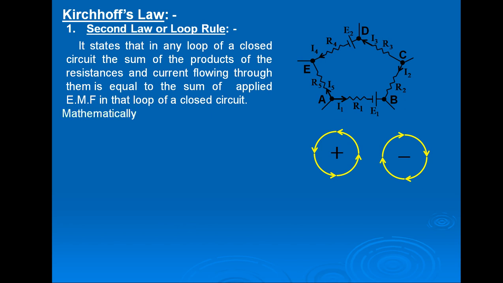Now mathematically, in the resistance R1, current is flowing from point A to B, that is in the anti-clockwise direction, and anti-clockwise direction is taken as positive, so we get plus I1 R1.